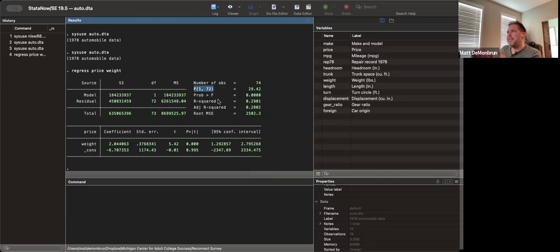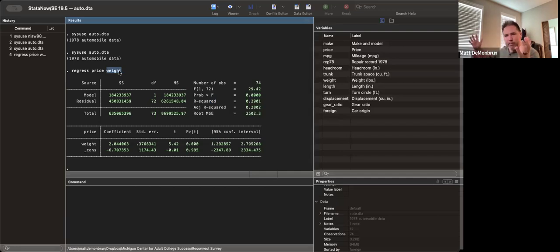And so what we're testing essentially is utilizing this statistic that we call the R squared. The R squared tells us the amount of variation in our price, right? We've got lots of different prices, $10,000 and 20 and 30 and so on. How much of that variation in price can we predict using weight?